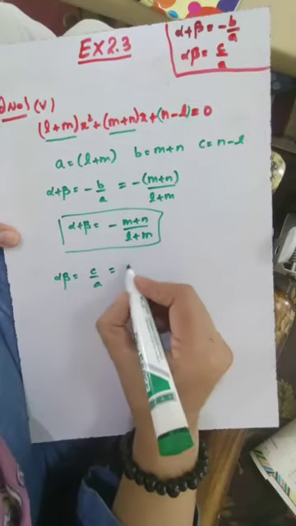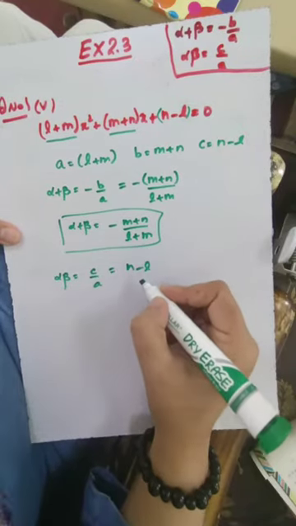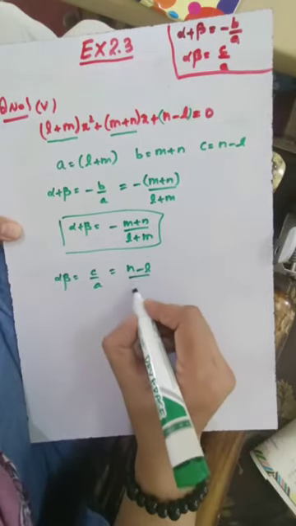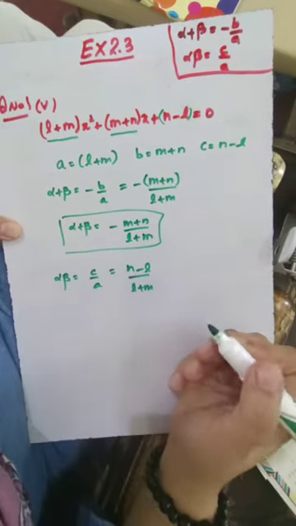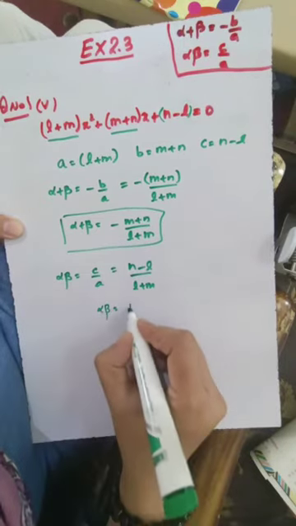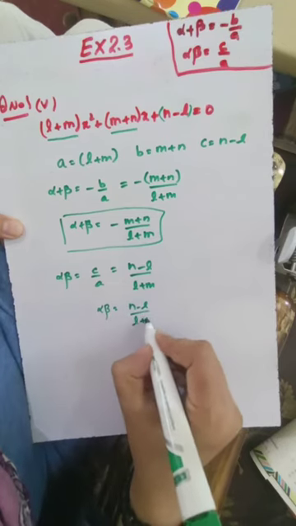C is N minus L over a is L plus M. So alpha into beta is N minus L over L plus M.